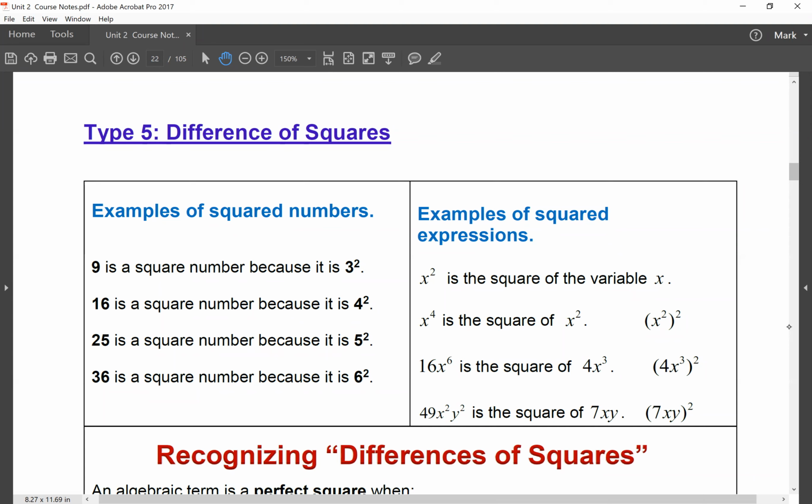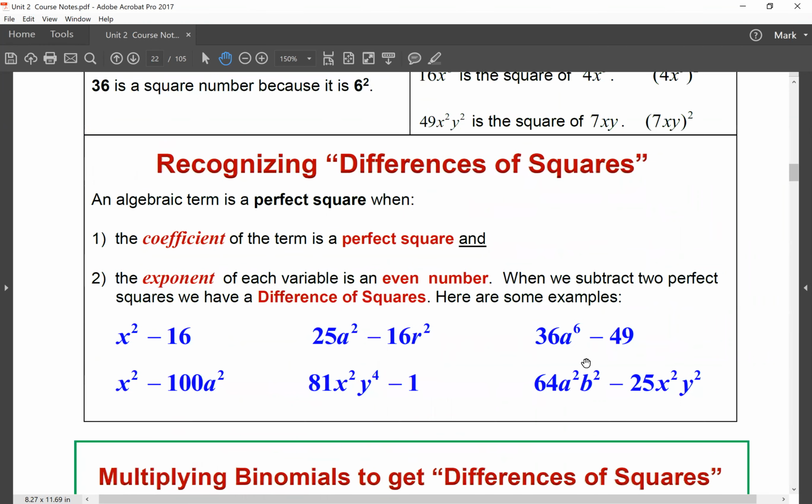Now, you can also have squared expressions. So like x times x or y times y, these would be squared expressions. So you can actually factor what's called a difference of squares. Sorry guys, hold on one second. Okay.